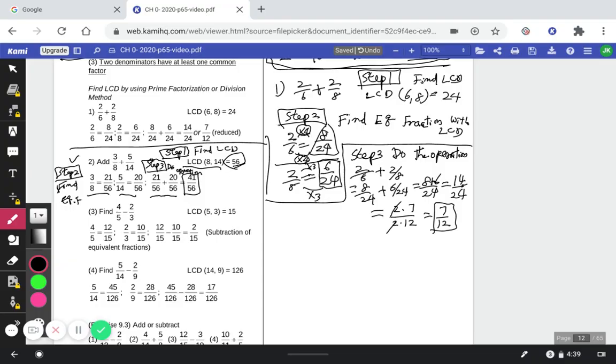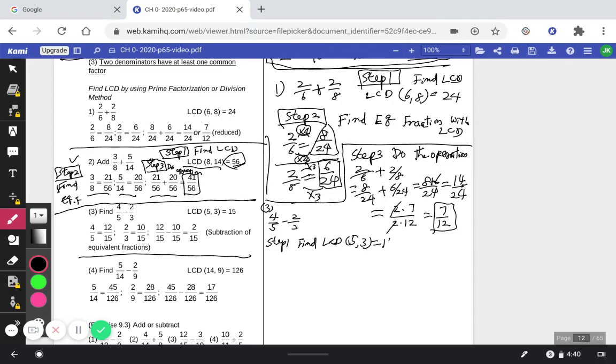Now how about 4/5 minus 2/3? Step 1, find the LCD of 5 and 3, which is 15.